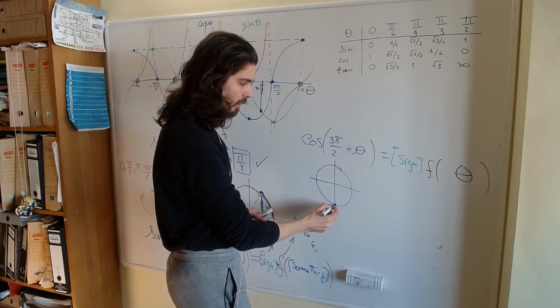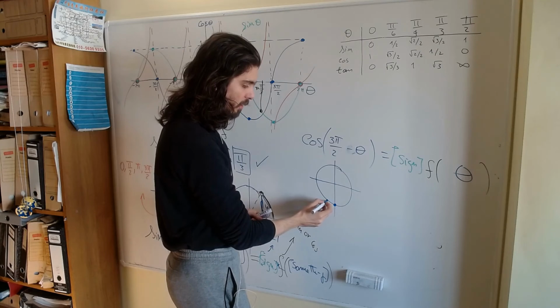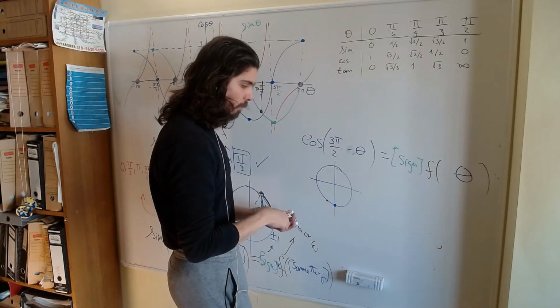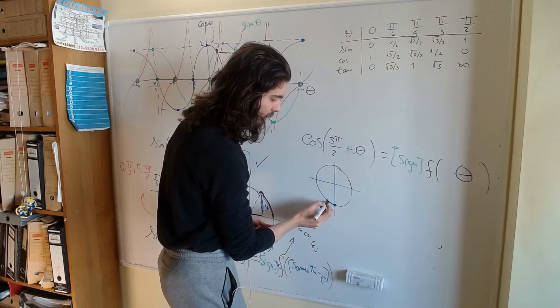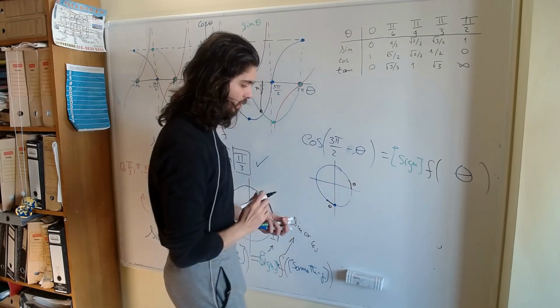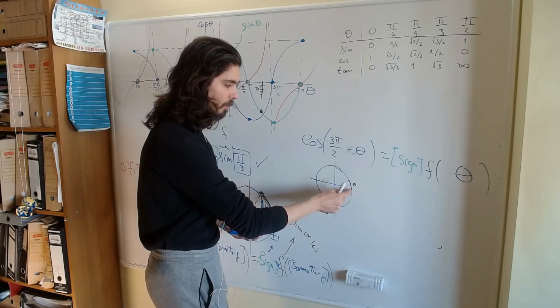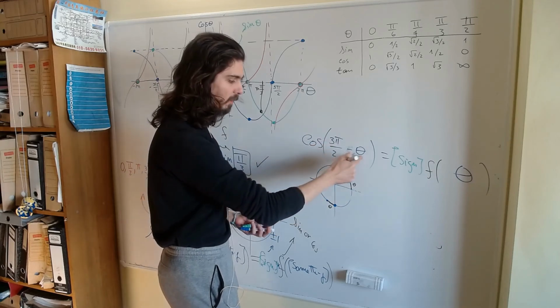This is the point at the tip of 3 pi over 2 minus theta. You are here. Let's just assume for the moment that theta measures this. So this distance, theta, is the length of this arc. So the length from here up to here is exactly 3 pi over 2 minus theta. Okay?